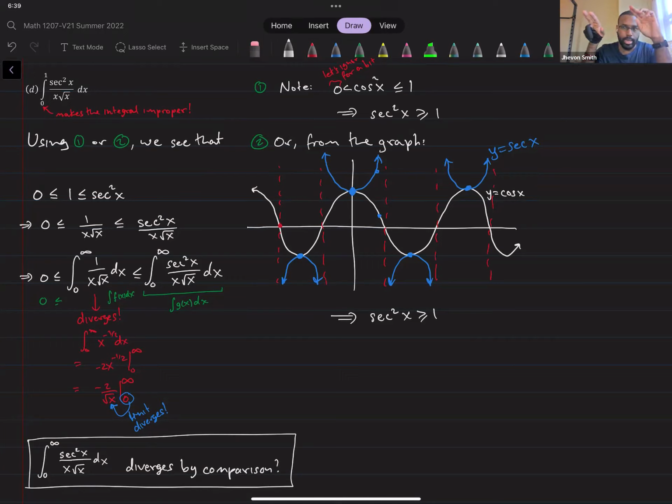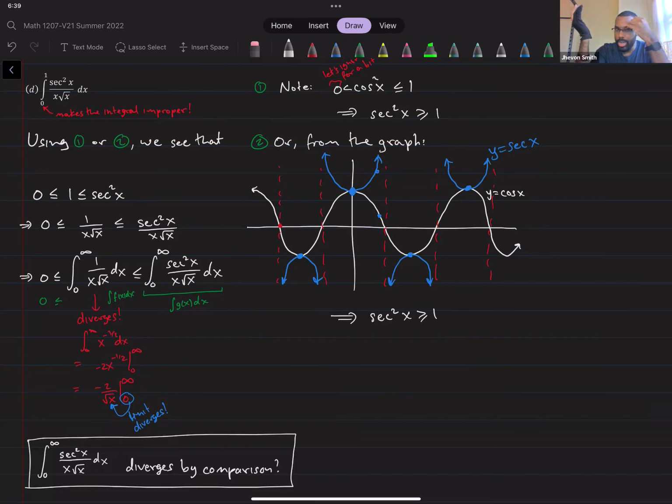Because if you take the secant squared over x rad x and then divide by 1 over x rad x, you flip it. The x rad x's would cancel, and so you just have a limit as x approaches infinity of secant squared x, which doesn't exist, right? Because this pattern sort of repeats, right? And it takes on multiple values between 1 and infinity.